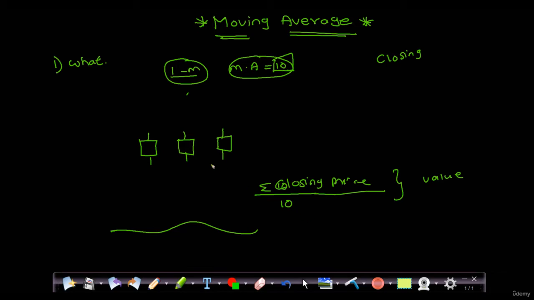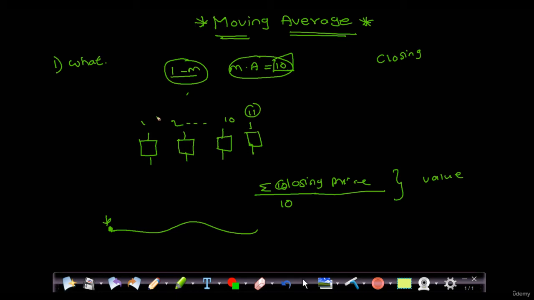Now how to calculate moving averages? Suppose this is the first candle, second, up to the last candle. Now we calculate one point and plot it here. And what happens when another 1 minute candle forms, which is the 11th one?